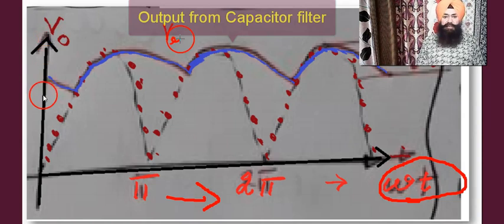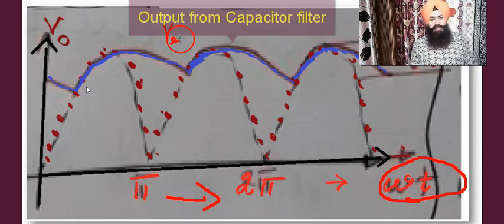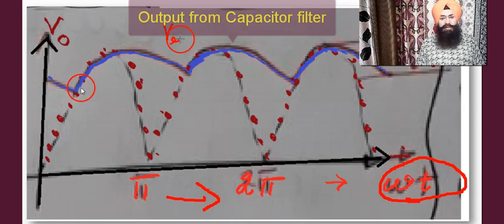Along this side it is the output voltage. Because the capacitor has the property of charging and discharging, we get output like this.